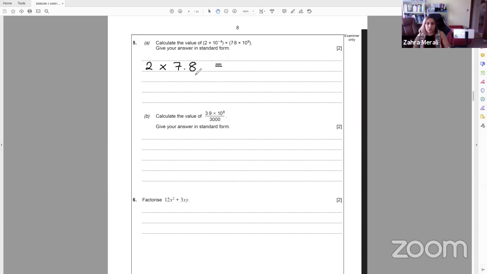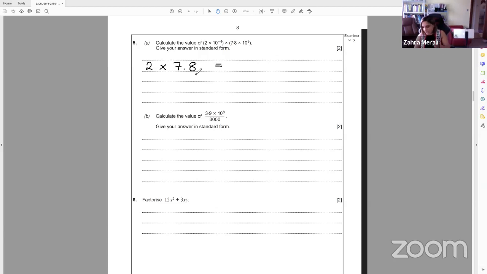Remember, when we multiply decimals, we pretend the decimal's not there and just multiply as normal. So 2 times 78. Timesing by 2 is just doubling. So we can double the 70 first, which gives us 140. Double the 8, which gives us 16.